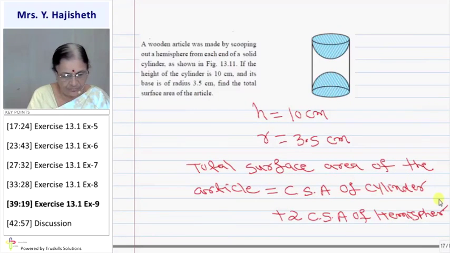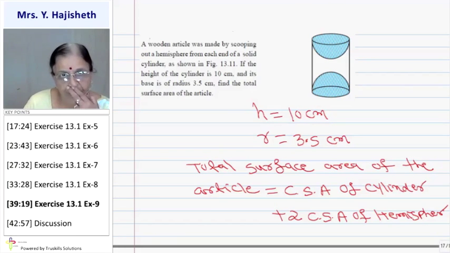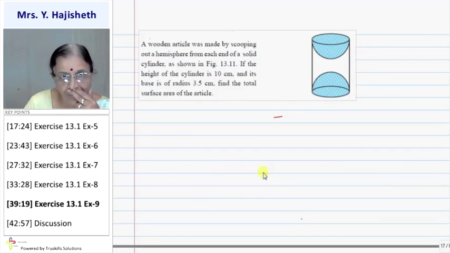Now the last sum of this exercise is a wooden article was made by scooping out a hemisphere from each end of a solid cylinder. Okay, clear? And you are asked to find out a wooden article was made by scooping out a hemisphere from each end of a solid cylinder shown in figure.